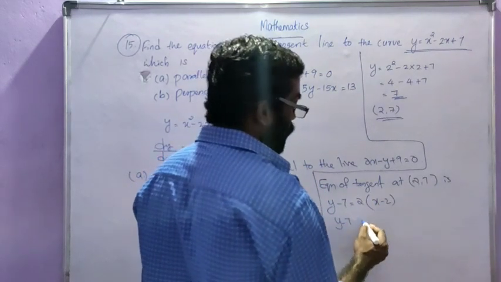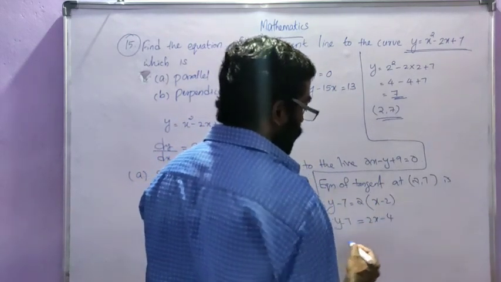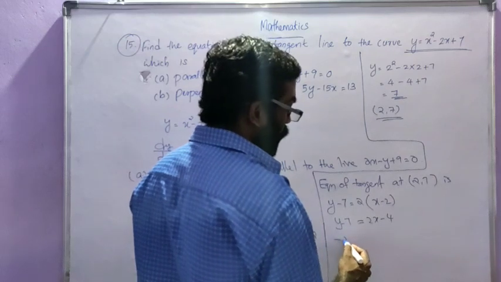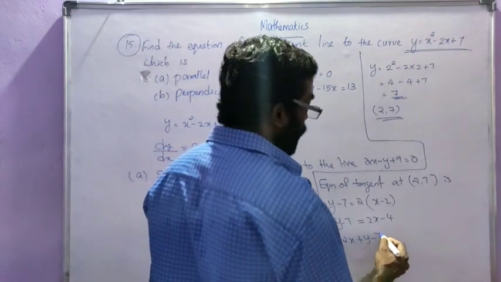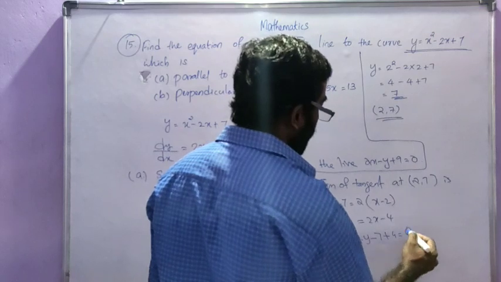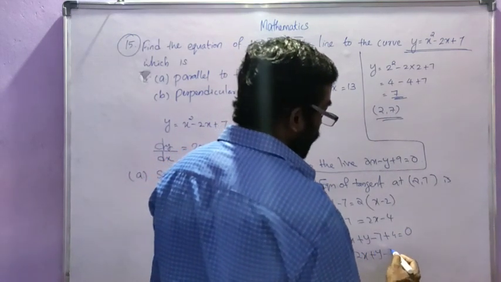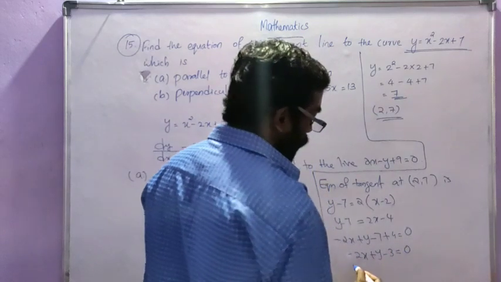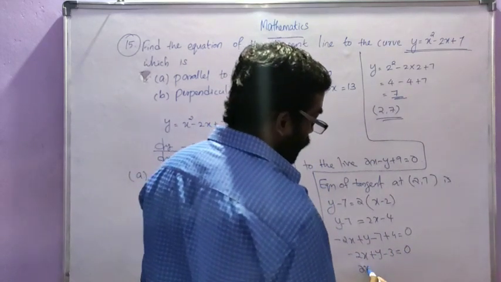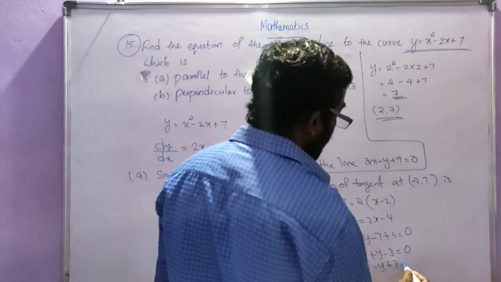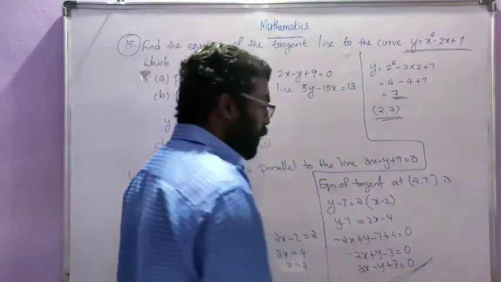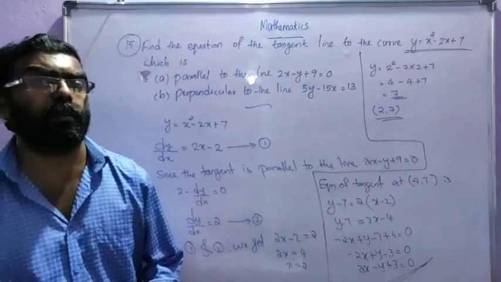That is y minus 7 is equal to 2x minus 4, or we can write minus 2x plus y minus 7 plus 4 is equal to 0. That is minus 2x plus y minus 3 is equal to 0. And we can rewrite like this: 2x minus y plus 3 is equal to 0, and it is the required equation of the tangent. Okay.